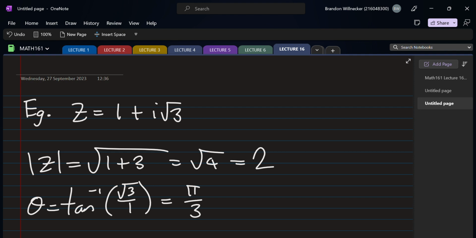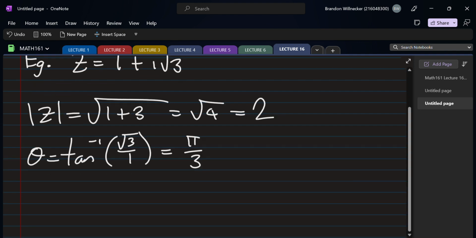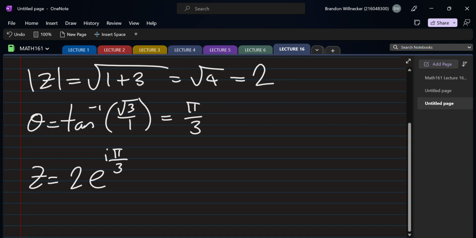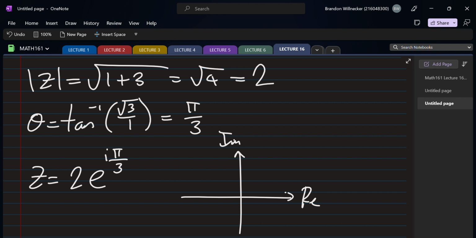Okay, now that we've got these two parts, we can write z as modulus of z, which is 2, e to the i theta, so that's e to the i pi over 3. Okay, so that is the polar form for this complex number. And we can write a little diagram here. We've got the real part, imaginary part. The radial distance is 2.